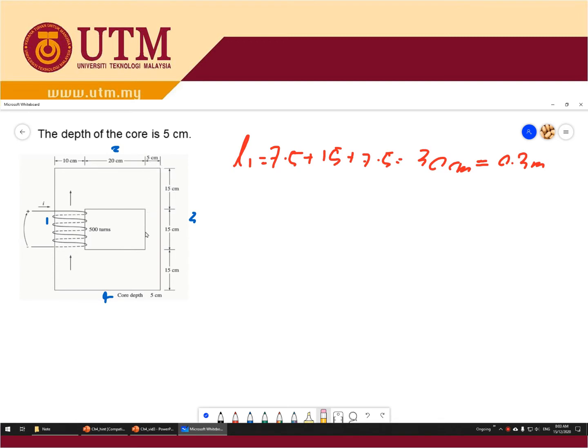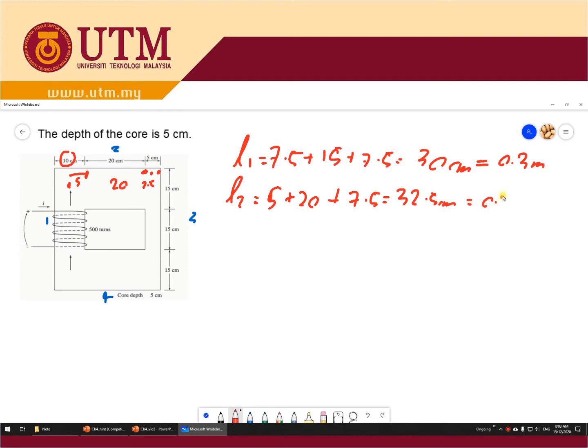Now how about L2? For L2, you look here, the center is 5 cm. Then here to here is 20, and then this point to this point you take the center, which is 7.5. So L2 is 5 plus 20 plus 7.5, so you get 32.5 cm.